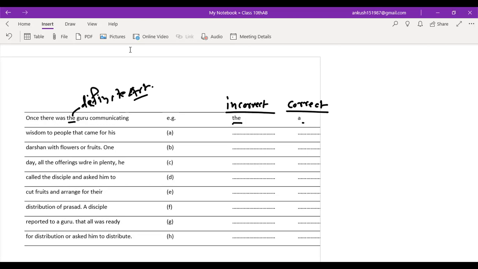wisdom to people that came for his. What is the error over here? Can you find?